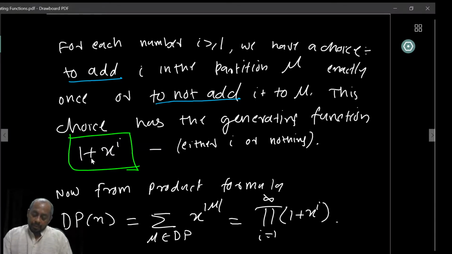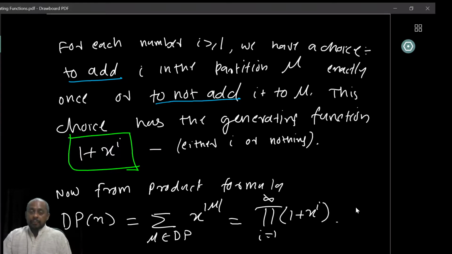Now, from the product formula, for a particular i we can take the product over all i from 1 to infinity of 1 plus x raised to i. Now this will tell us, when I take the coefficient of x raised to n, how the x raised to n came. x raised to n can come from these parts, but each part can contribute exactly one x raised to i, only once.